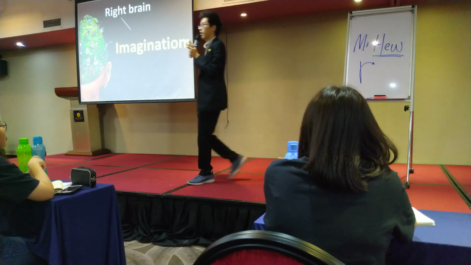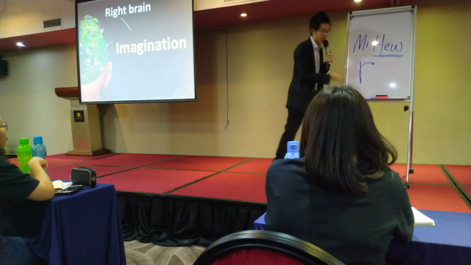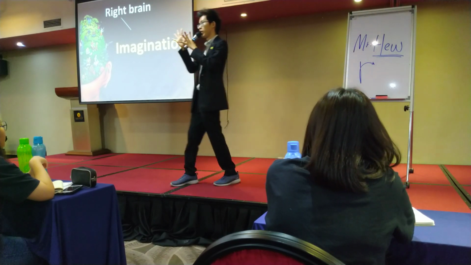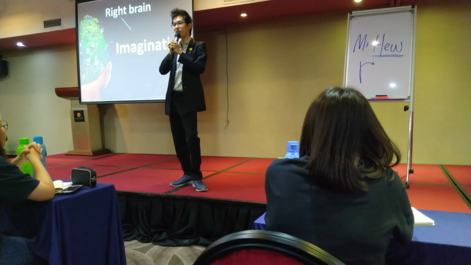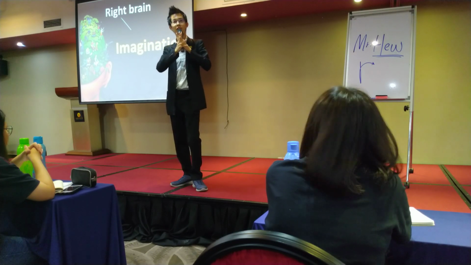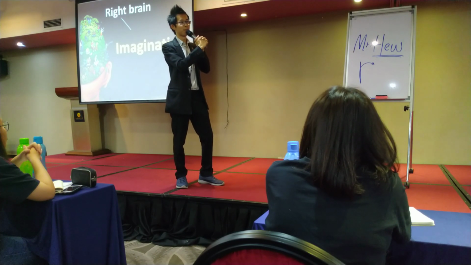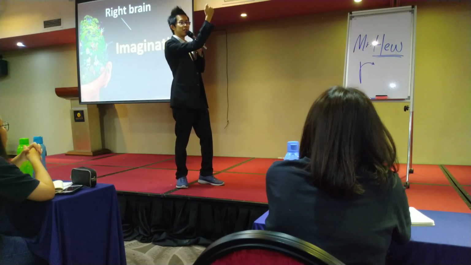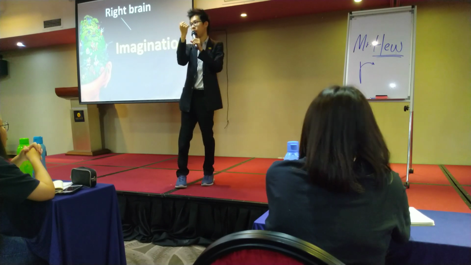Now try to cross your fingers together, like this. Every person has a different way of clasping their hands. Let's see your thumb. Is it the left thumb on top or the right thumb on top?